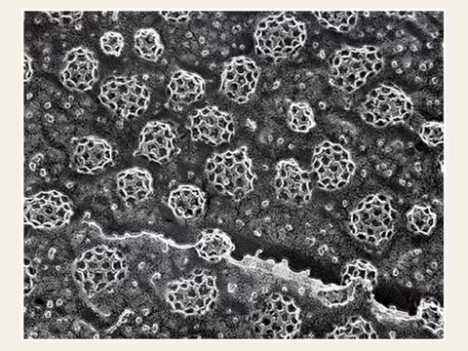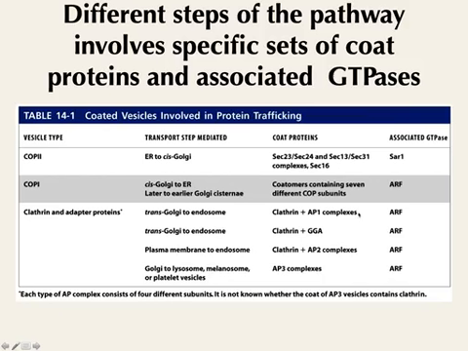So it's not ER to Golgi, but it's the same concept. You have vesicles forming, and they form because of a coat of protein surrounding them. In this case, these are so-called Clathrin pits. We're going to get back to those over and over again. And you see it's highly structured.